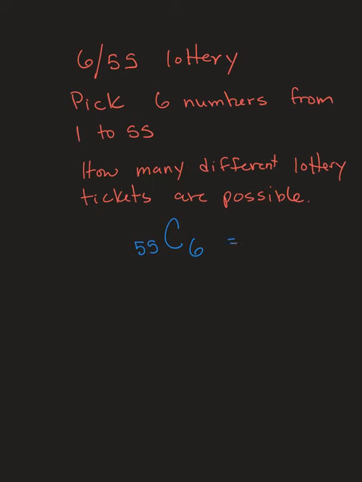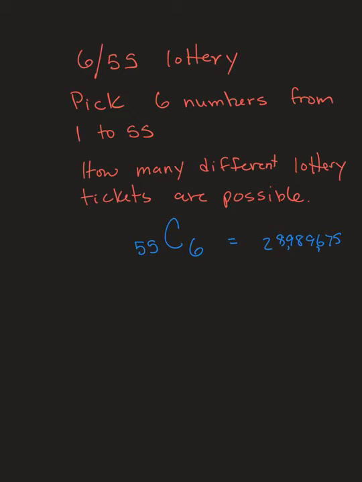And that is going to be 28,989,675. So a lot of different possible outcomes.